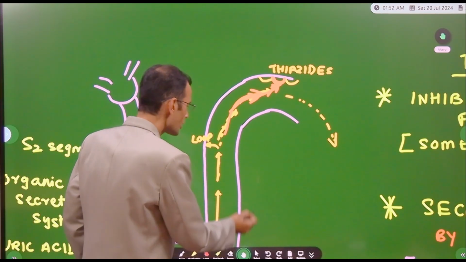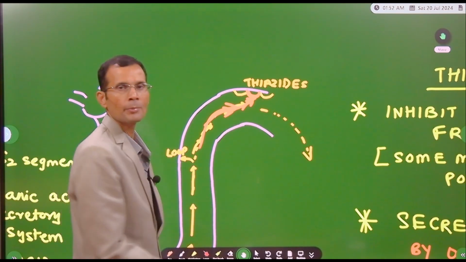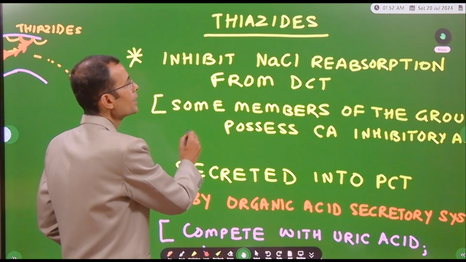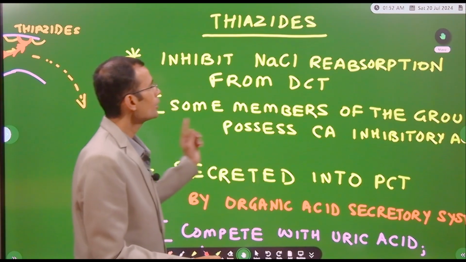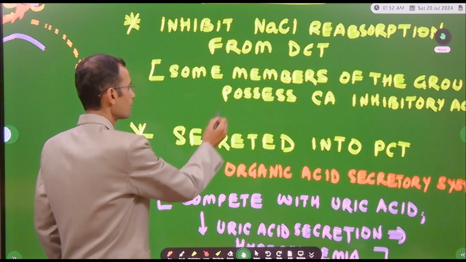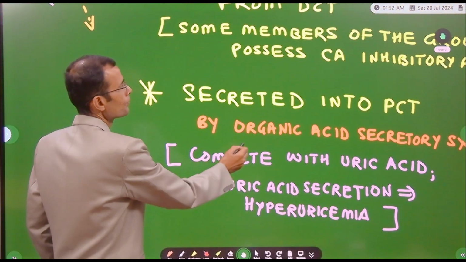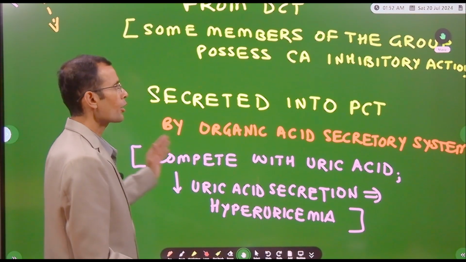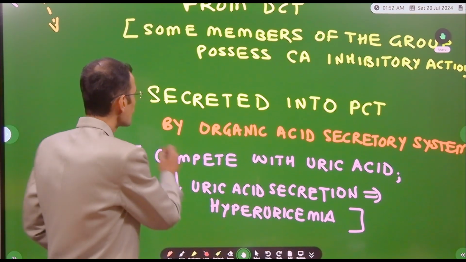So NCC transporter is blocked in the apical membrane by the thiazide diuretics. All right, they inhibit the sodium chloride transport and sodium chloride reabsorption from the DCT. We saw that already, and also the fact that they are secreted into the PCT by organic acid secretory systems.